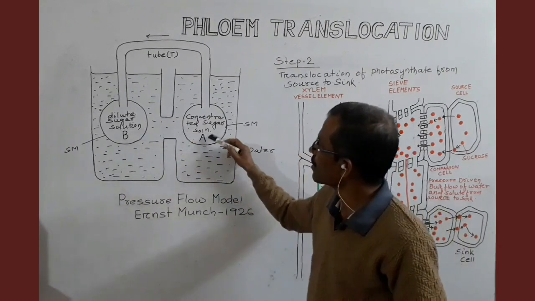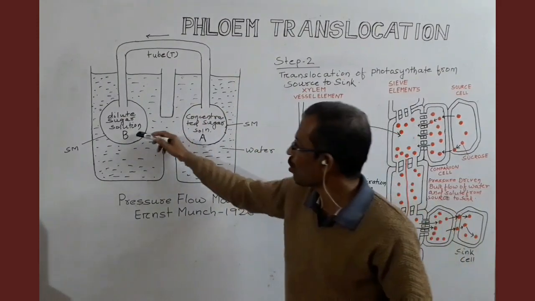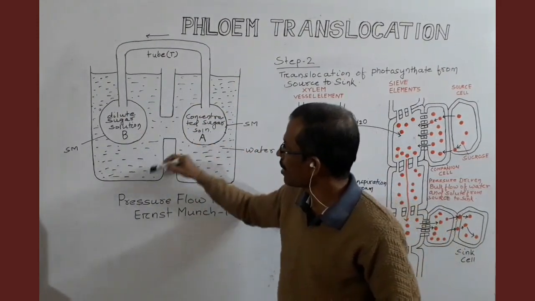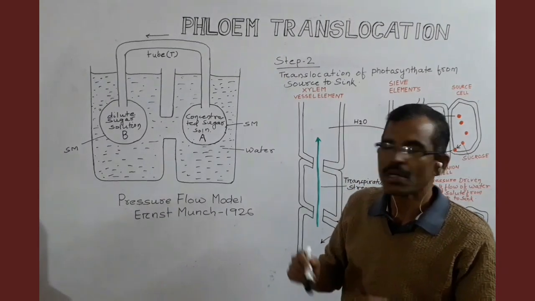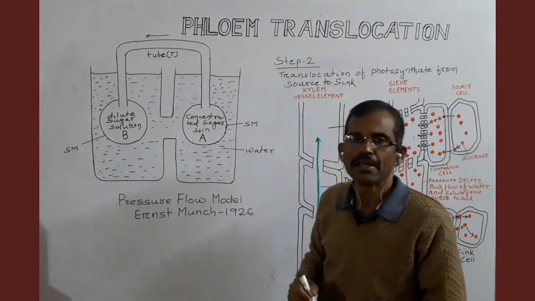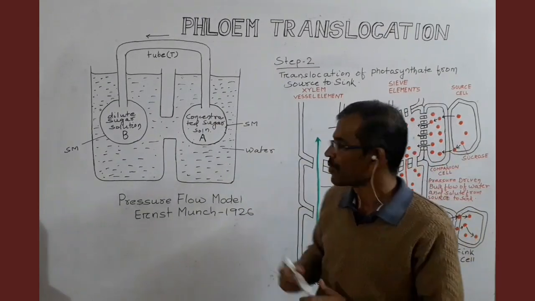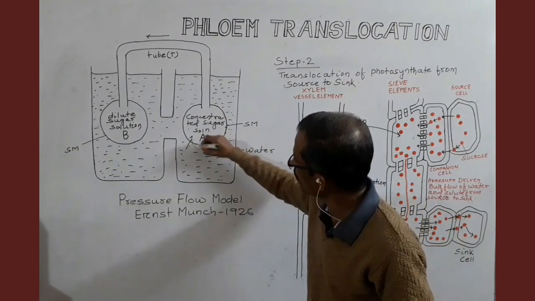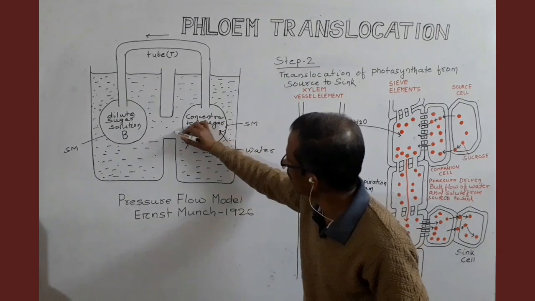These two osmometers are connected by the tube T, and this whole setup is immersed in a water bath. Because the sugar solution in osmometer A is concentrated, osmosis will take place and water molecules will diffuse into the osmometer A.